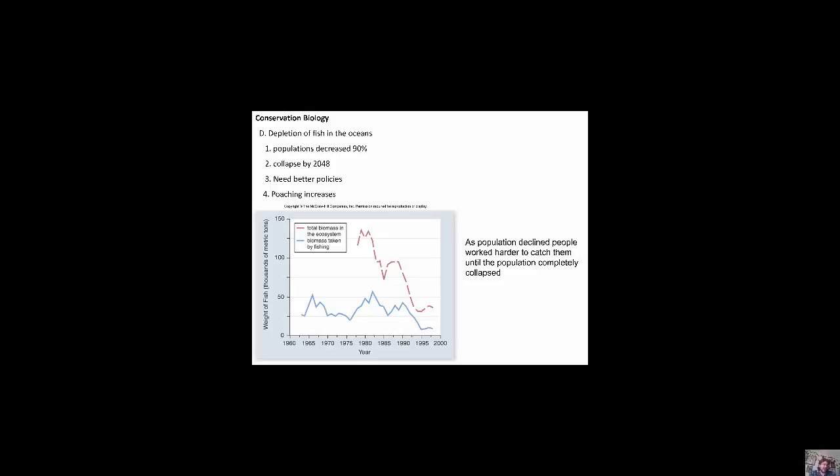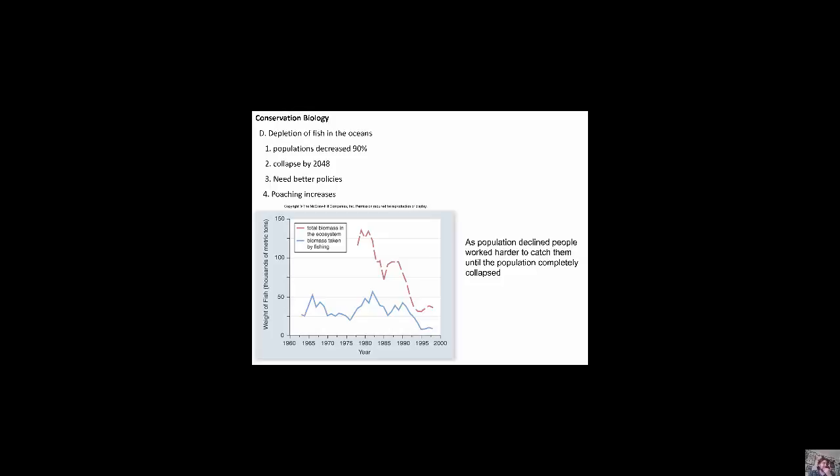Of course, in the past 50 years, populations of large fish species have decreased 90%. 90%. Tuna, swordfish, marlin, most, if not all, sharks, cod, halibut, flounder, all these fish species have decreased from their original populations by 90%.